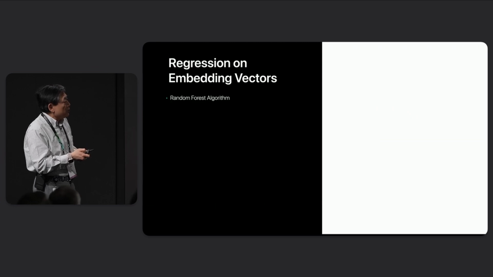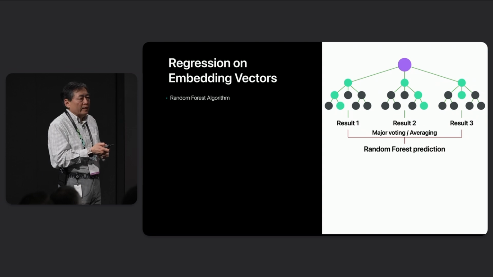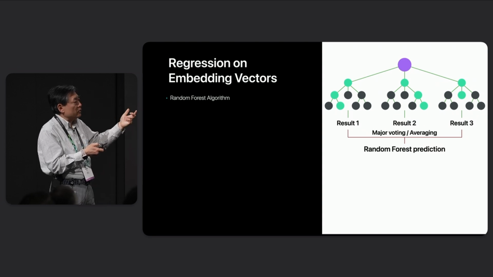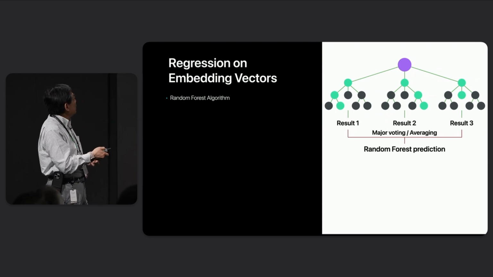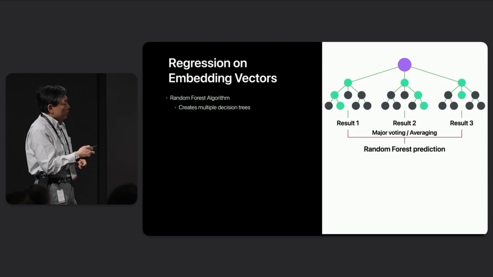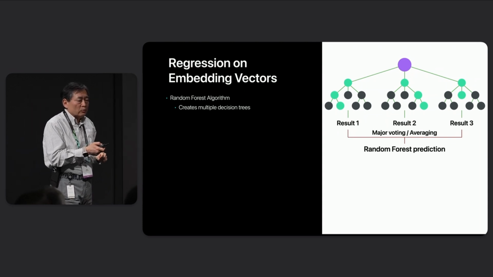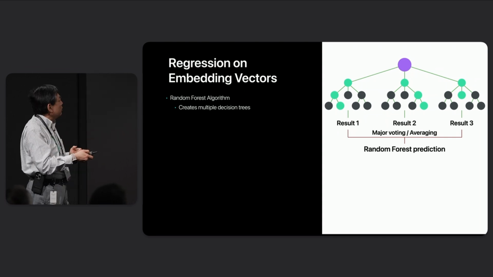Okay, so the next one is to do regression on embedding vectors. We implement a random forest. Here is a simple illustration of a random forest. In here, I have 3 decision trees. During training time, it will create multiple decision trees, and you can limit the maximum number of decision trees you can have.